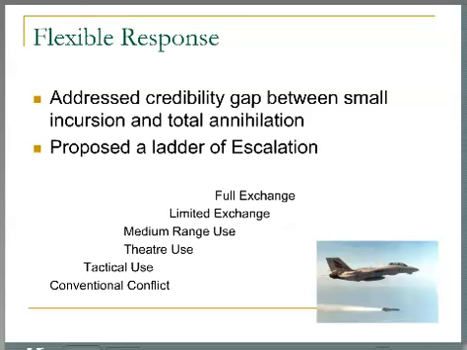Now, the MAD doctrine was consistently the strategic doctrine throughout the Cold War, but it did have one modification in the early 1980s, and that was because there was a perceived problem of credibility. Now, remember, the whole point of MAD is that if you're attacked, you will respond with a like attack.